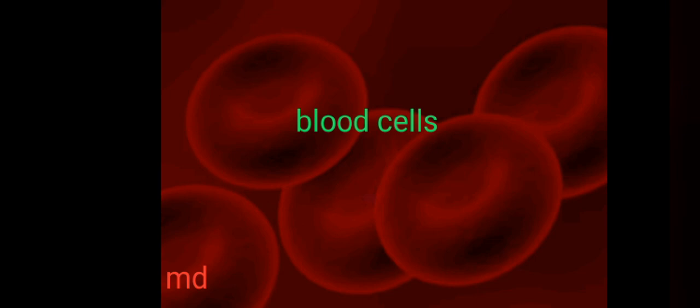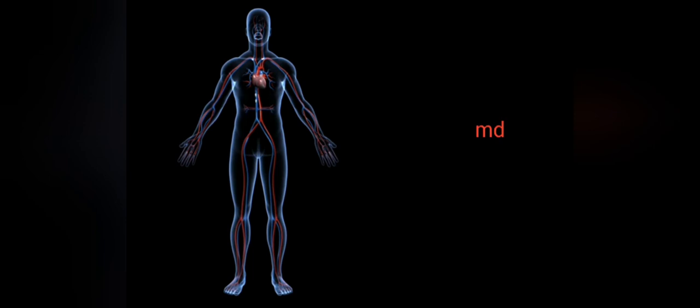When the right auricle contracts, the deoxygenated blood goes into the right ventricle, and this blood absorbs fresh oxygen from the air we breathe in and becomes oxygenated, and this cycle is completed.